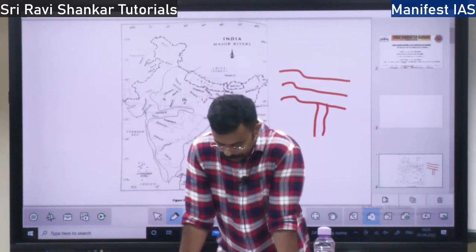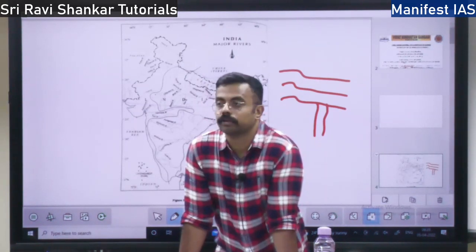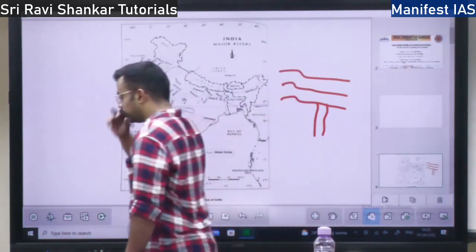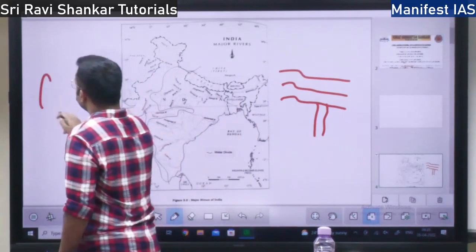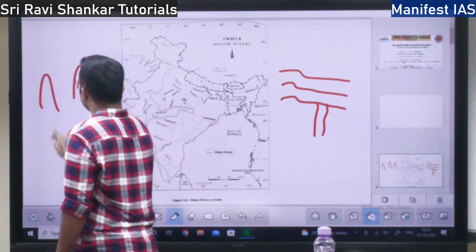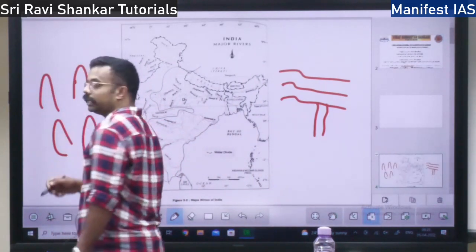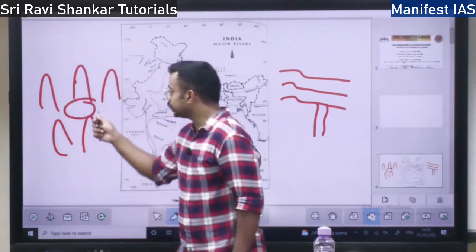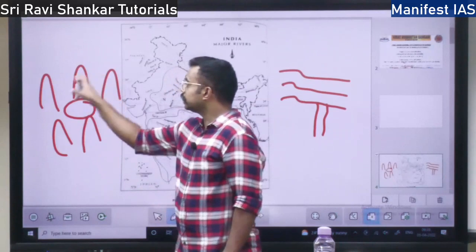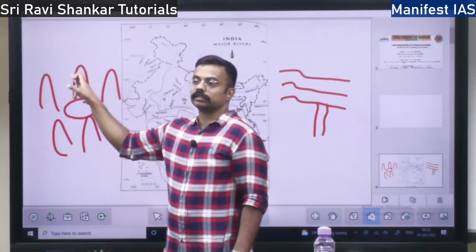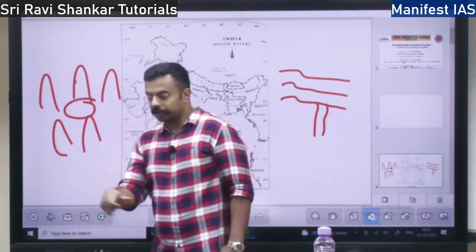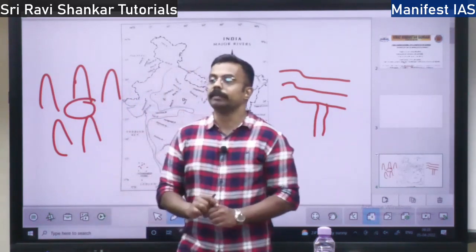Next you have the centripetal drainage pattern. What is centripetal? We have discussed it in the desert topography. If there are a lot of mountains around and rivers originating in all the mountains, they will fall in a lake, in the region in the middle. Let's say there is a group of mountains surrounding an empty area.